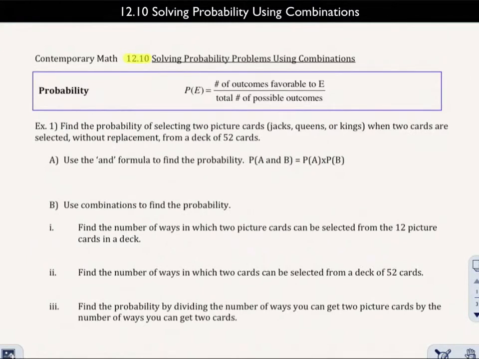Today we're talking about solving probability problems using combinations. If we know how to find combinations, then we can use these to solve our probability problems. So we're just going to go back and talk about, generally speaking, what does probability mean?